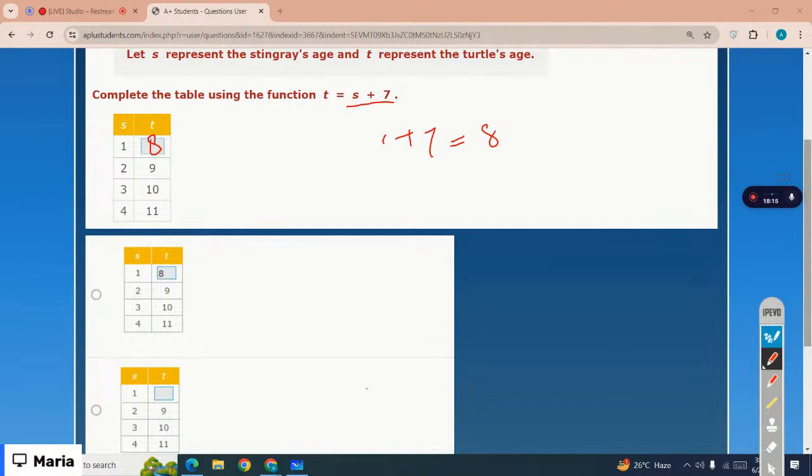The correct option is T equals 8. Option number 1 is the correct option.